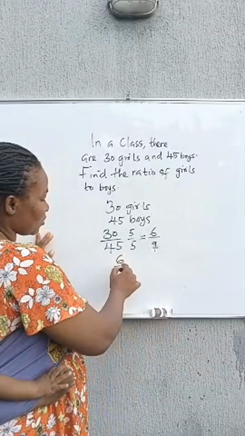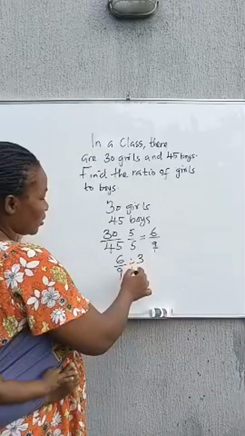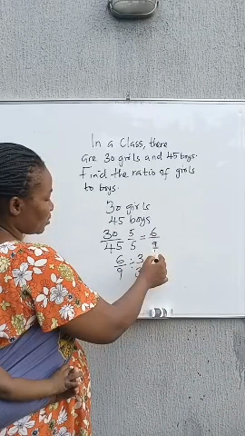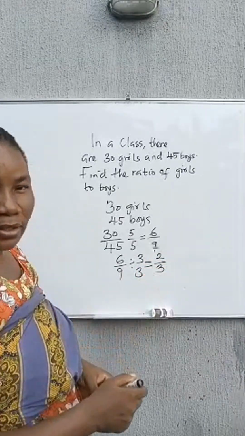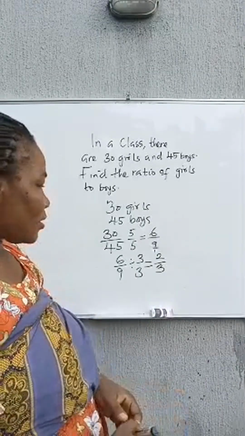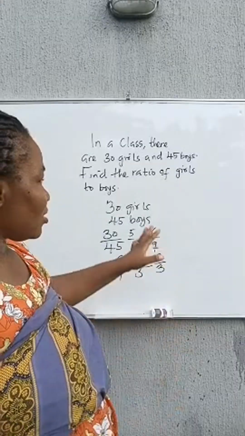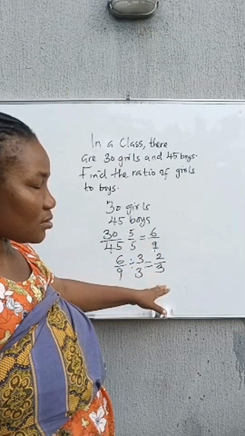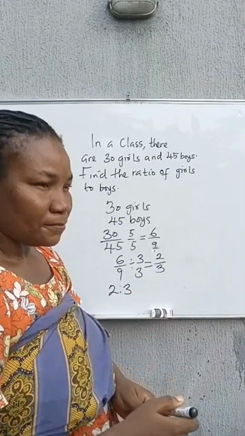We can still simplify 6 over 9 by 3. 3 into 6 is 2, 3 into 9 is 3. So the ratio of girls to boys is 2 is to 3.